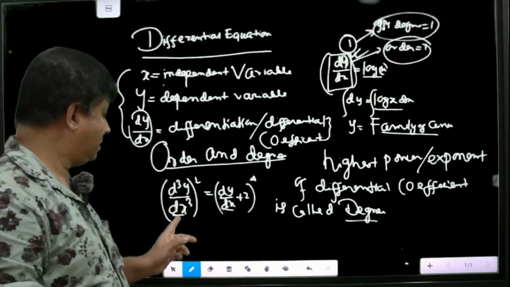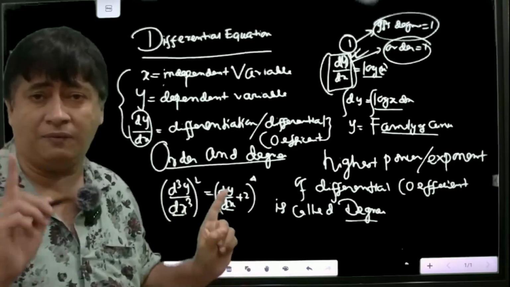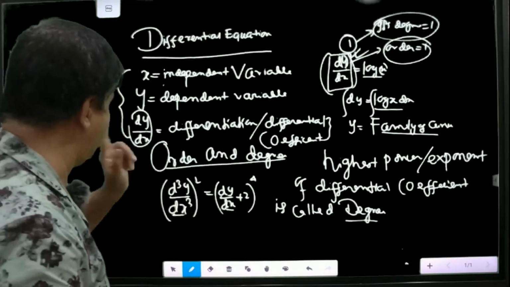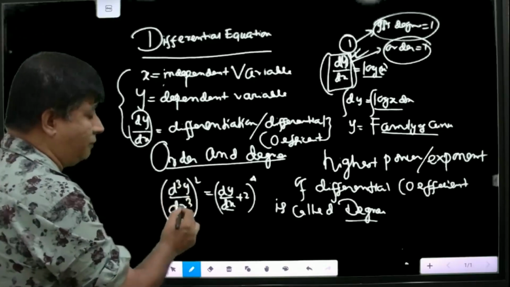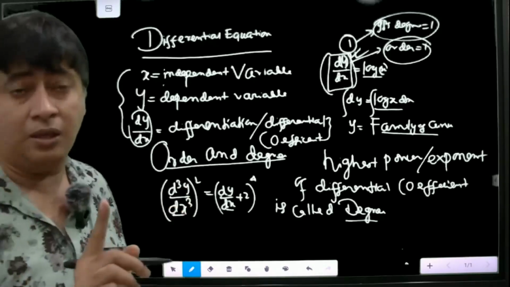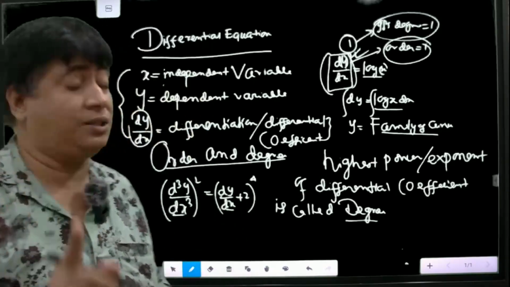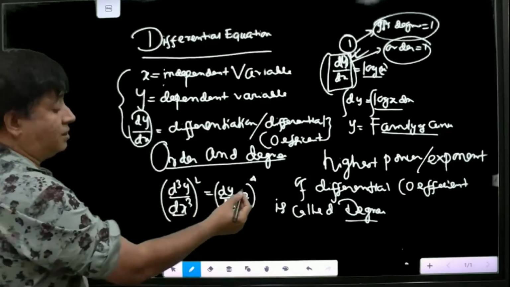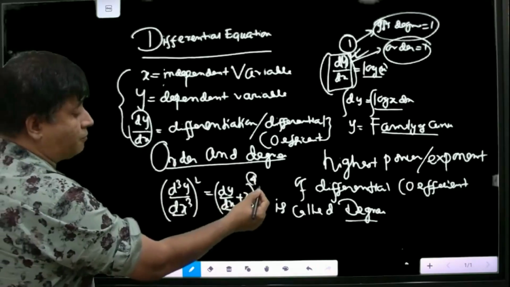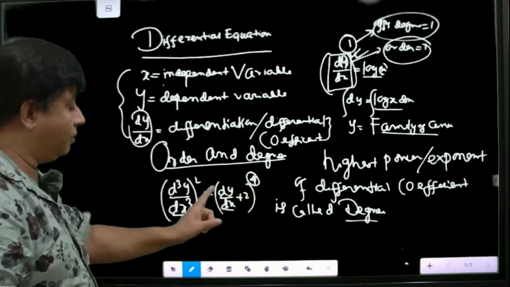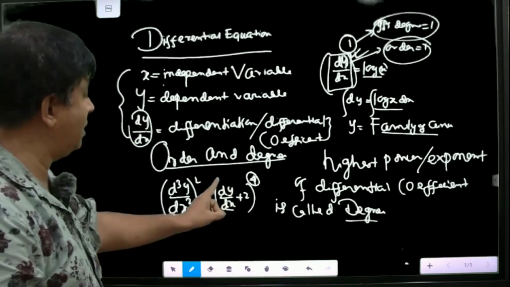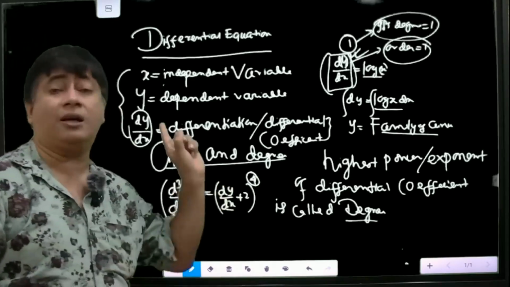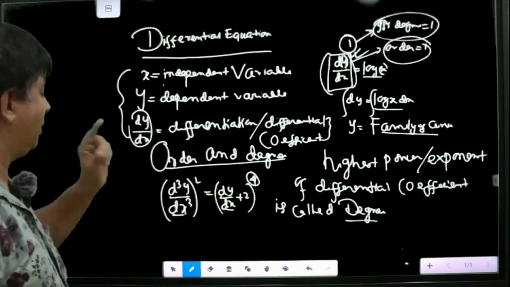That means the highest order of the differential coefficient is 3. You can say its power is 4, but no, here the differential coefficient's first order is given, here third order.